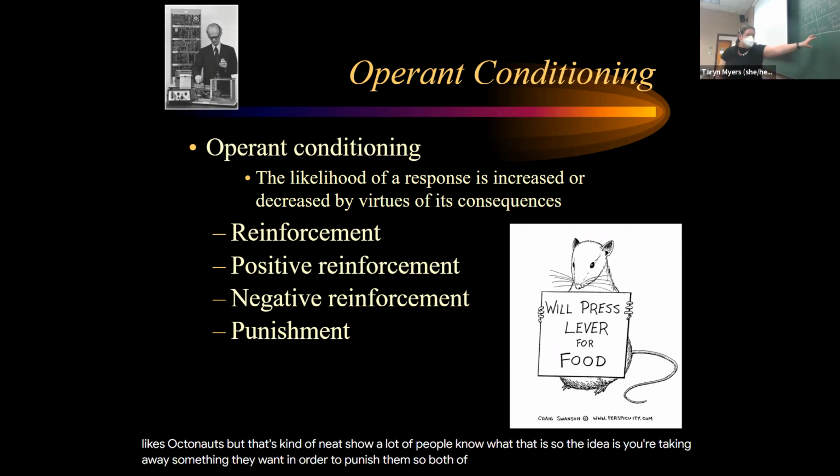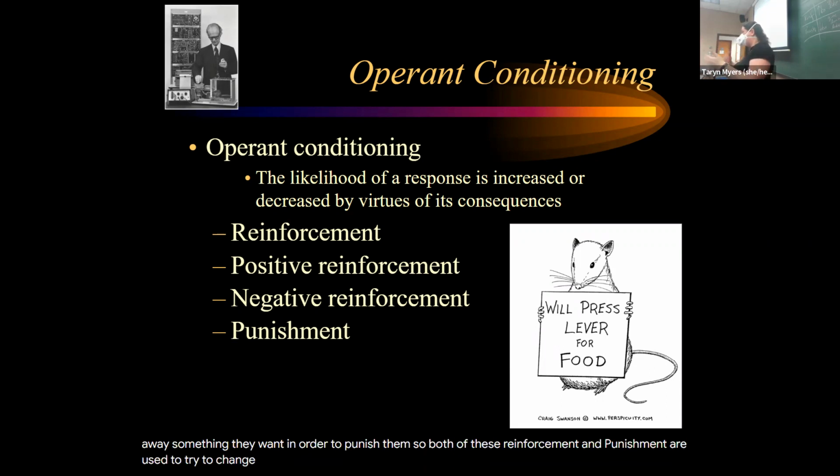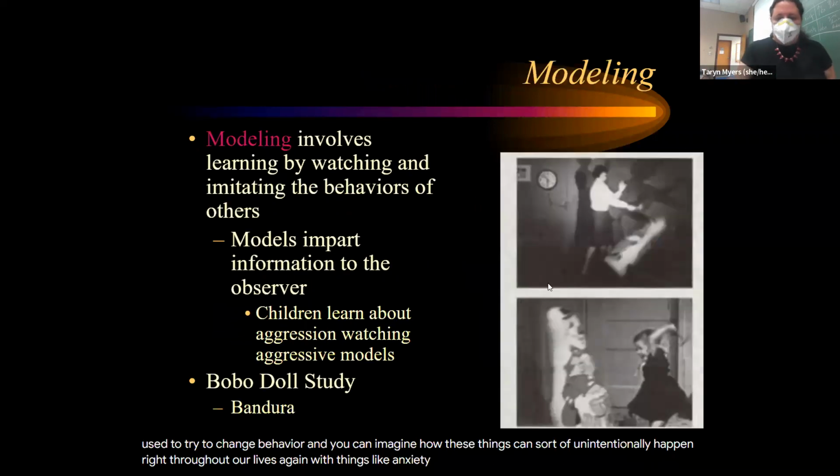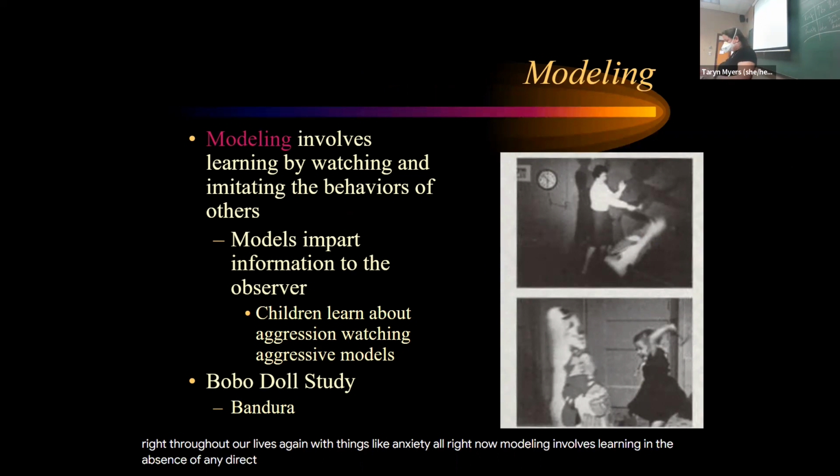So both of these, reinforcement and punishment, are used to try to change behavior. And you can imagine how these things can sort of unintentionally happen throughout our lives, again, with things like anxiety. All right, now modeling involves learning in the absence of any direct reinforcements.